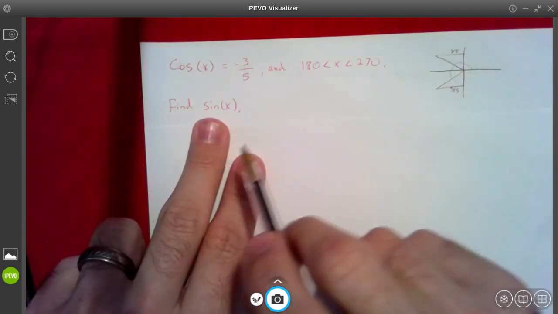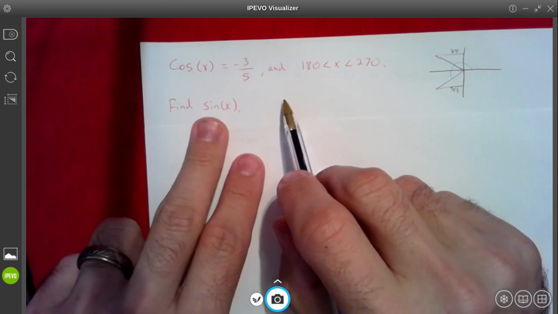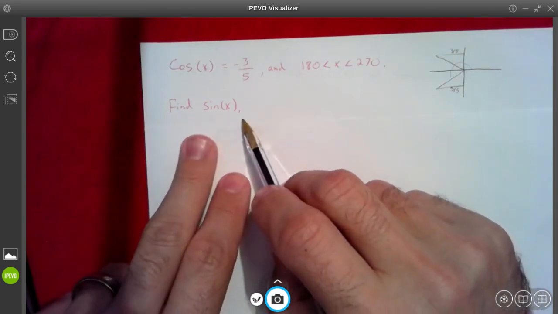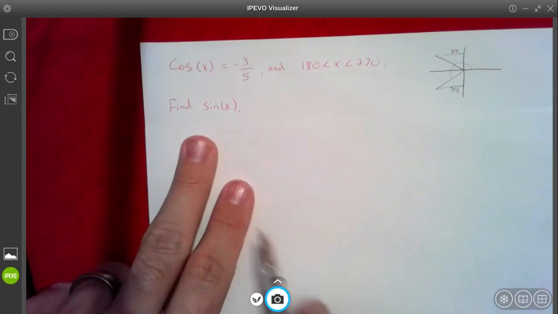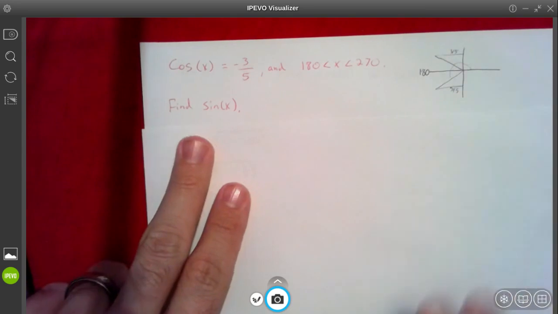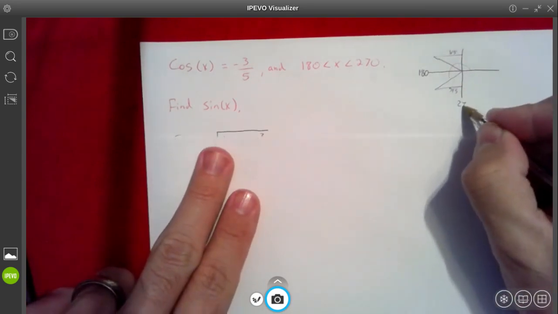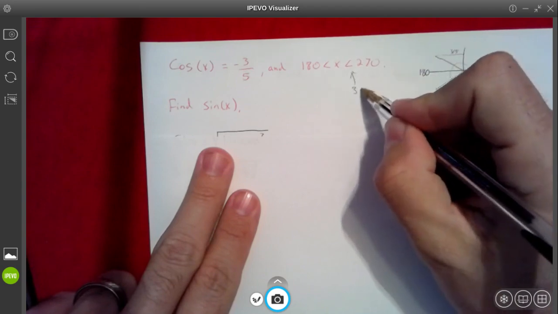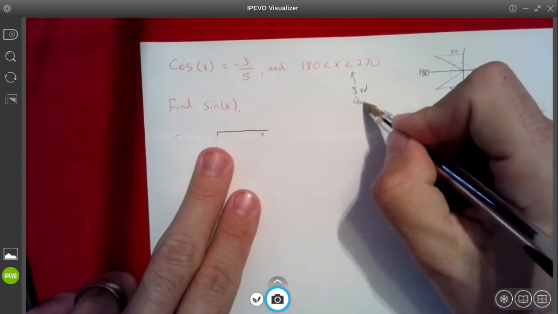All right, so the first thing I recommend you do is decide whether our final answer is going to be positive or negative. That's what this is for. Because they tell us that the angle is between 180 and 270, I know that it's in the third quadrant. That's what this part's for.